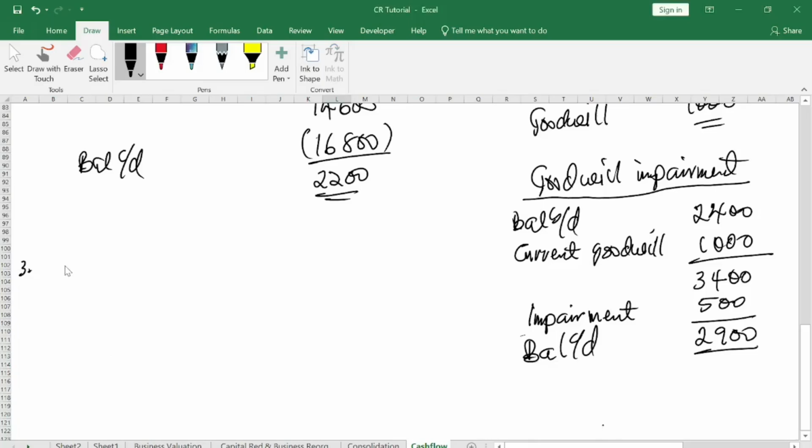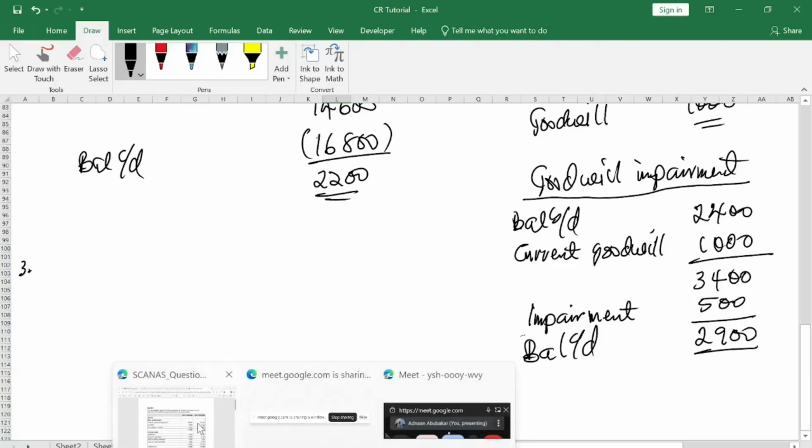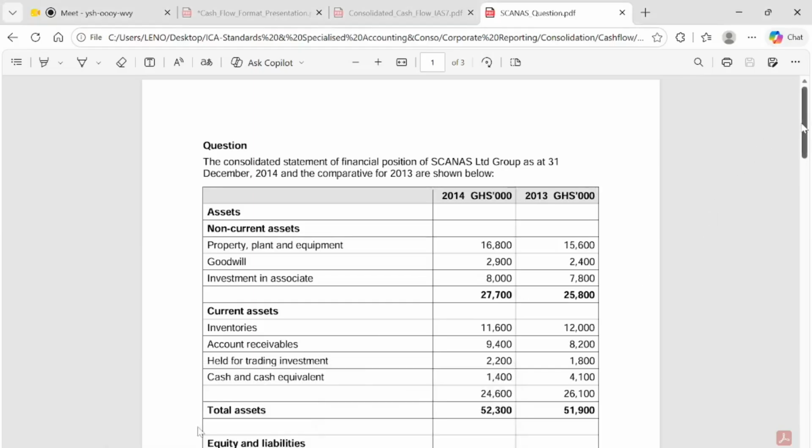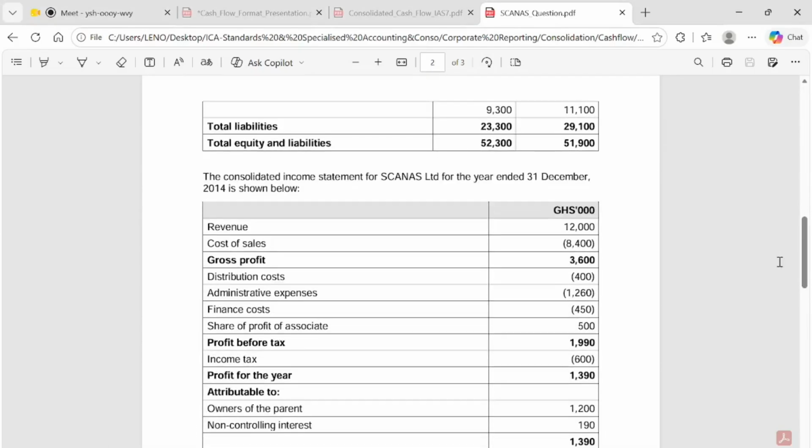You know that when you invest in associates, when you look at the statement of profit and loss account, did you see any associate's shared profit in there? No. It is there, under finance costs. So you know where that one will go, right?